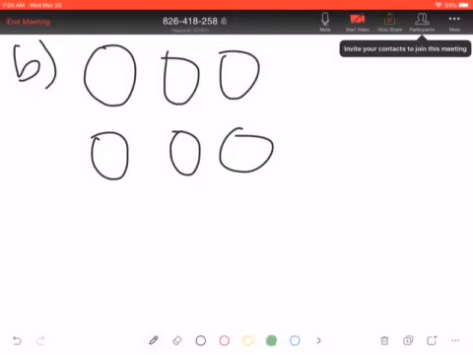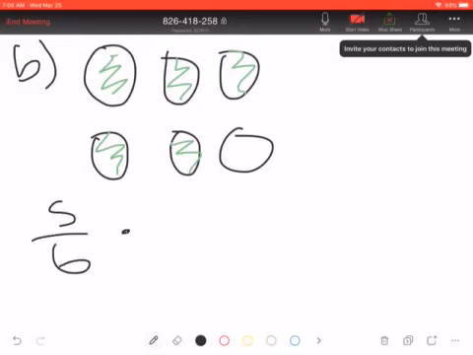It looks like 5 of them out of 6 colored in, so our problem is 5/6, and each of those 5/6 you can see is being cut into, looks like, fourths, with 1/4 of those being shaded in.